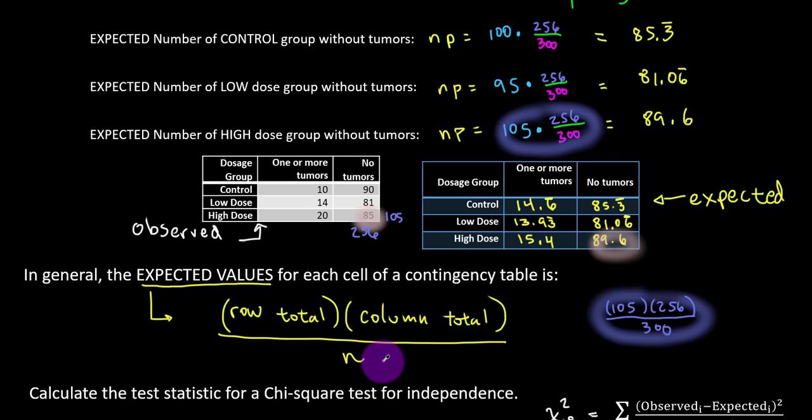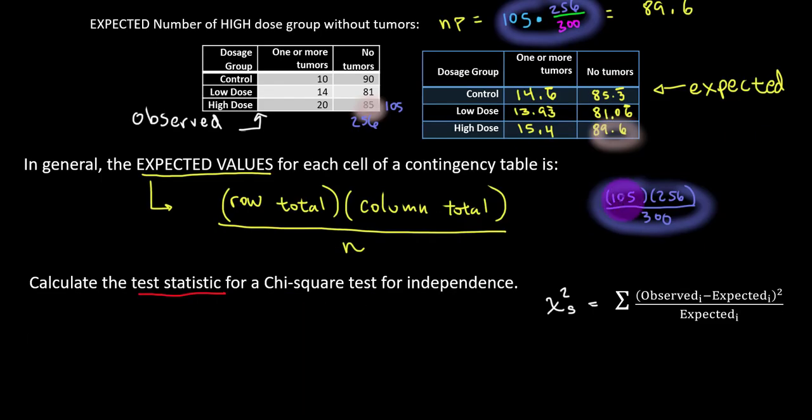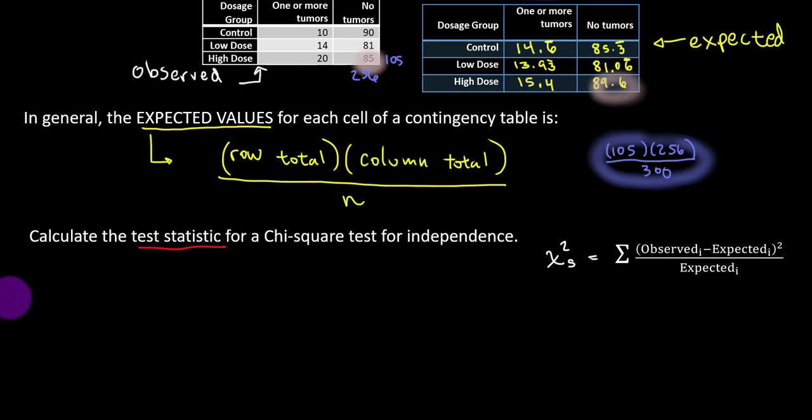Okay, we are ready finally to compute the test statistic for this chi-square test for independence. I have our expected and observed values, and here is our formula for the test statistic. It is the same formula that we saw for the goodness of fit test.